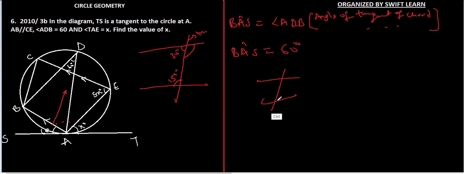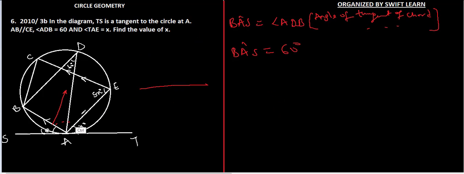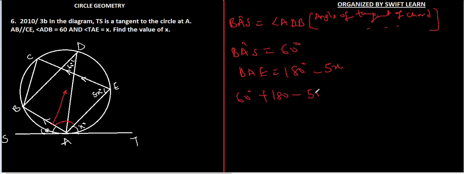So, with what I have here, if here is 5x, what will be here? This part will be 180 degrees minus 5x. So I will say BAE is equal to 180 degrees minus 5x. Then let's add everything together. It will be 60 plus 180 minus 5x plus this x here equals 180 degrees.